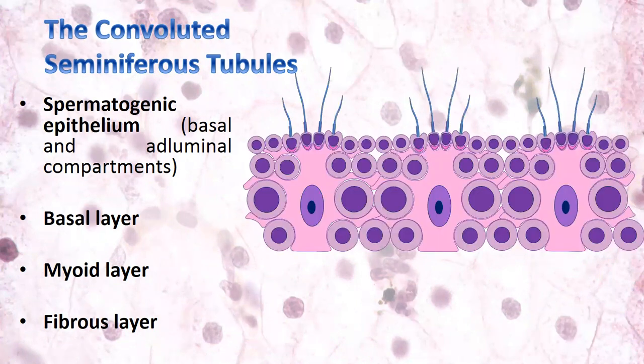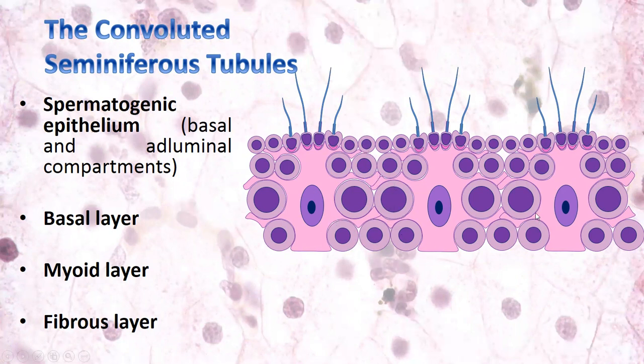So the innermost layer of these tubules is the spermatogenic epithelium. Here we can see this epithelium, and it is the main layer which provides formation of spermatozoa. So there are epithelial cells, and also different spermatogenic cells, progenitors of spermatozoa on different stages of their development.